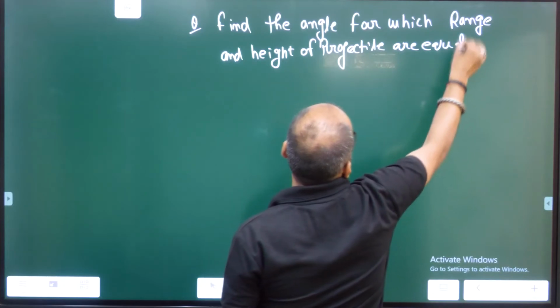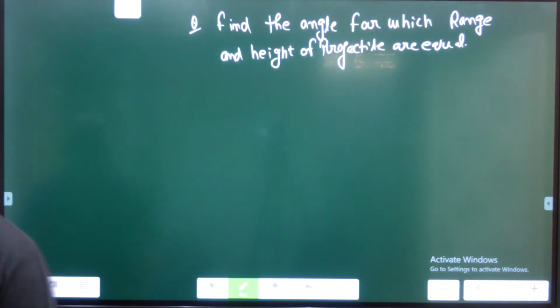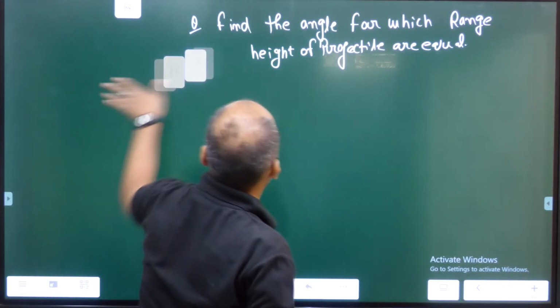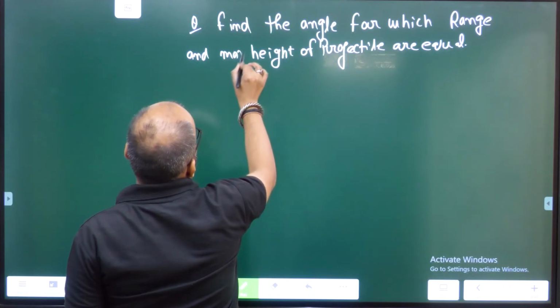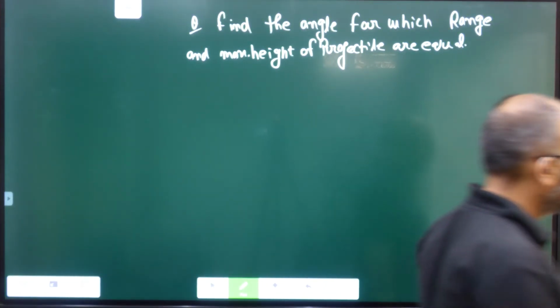So range and maximum height of projectile are equal. Find that angle. You are getting confused, okay, let me write. Maximum height. Now you can find it.